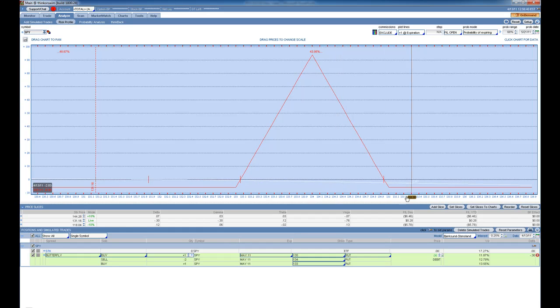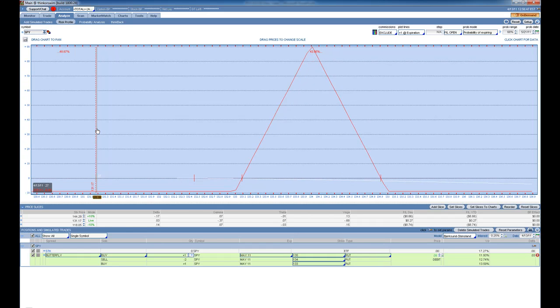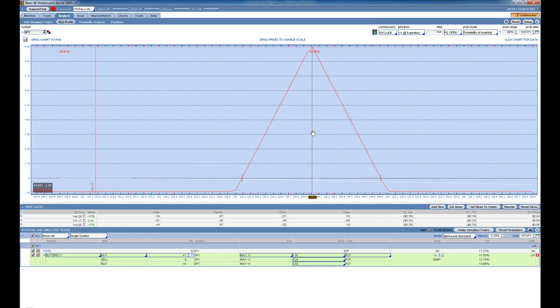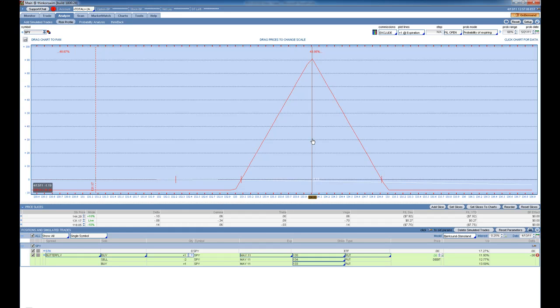Now we can see what that looks like. Basically, right now the market's trading at 131.17, which is right here, and this line right here, and we set our target for the butterfly to be about 134, which is right in here. And at 134, if you look at this red area here, you can see that at about 134 we're going to make about $90, $91 on this trade, and the debit on this trade is about 8 or 9 cents per share.